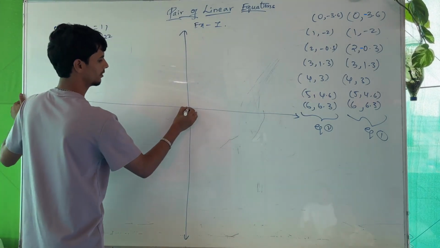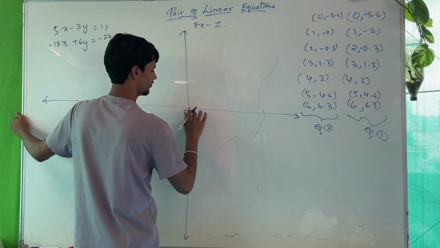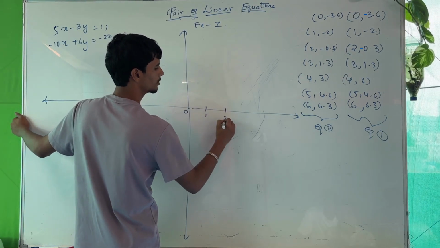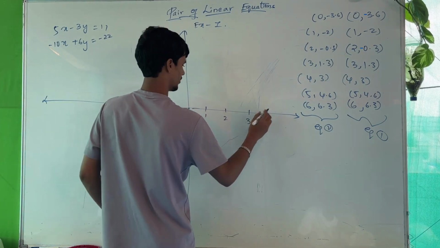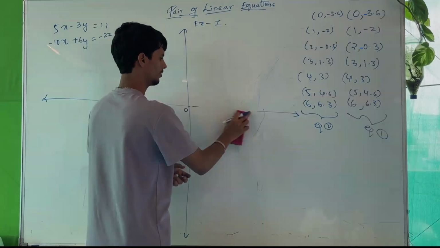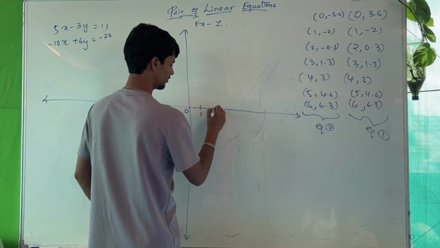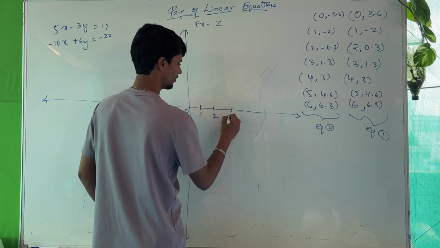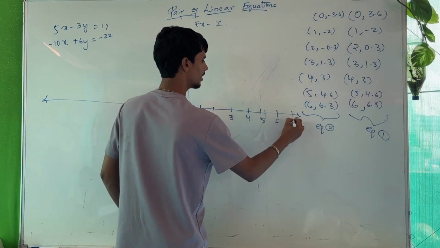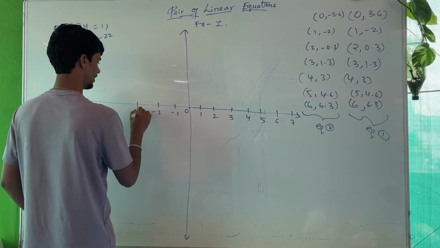This is the origin, that is 0. Let us place 1 here, 2, 3. Space will not be sufficient, so 1, 2, 3, 4, 5, 6 and 7. Here let us take minus 1, minus 2, minus 3.